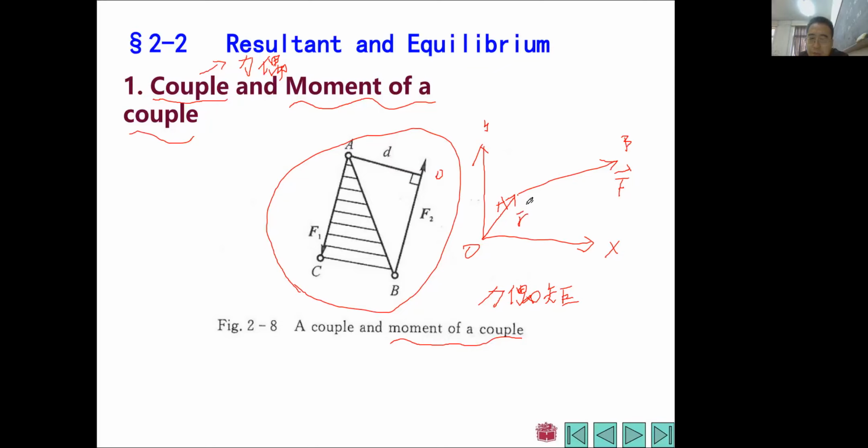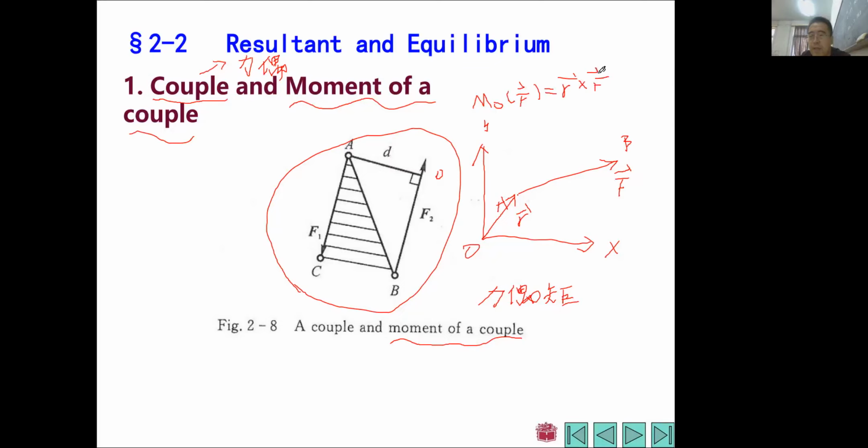You still remember? So we have the moment of force F to this point O, we use this M_O(F) equal R vector cross product F vector.